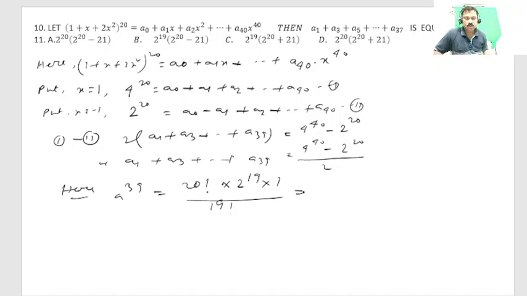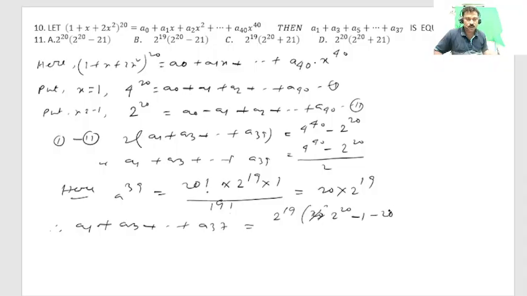Calculate this, we get 20 into 2 to the power 19. So a1 plus a3 and so on to a39 equals 2 to the power 19 into 2 to the power 20 minus 20.